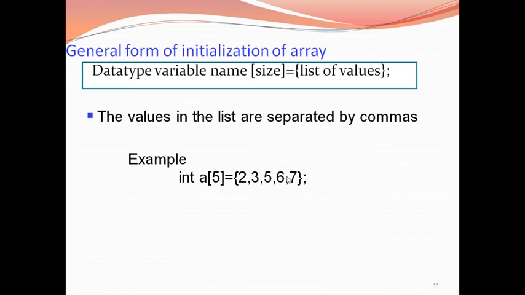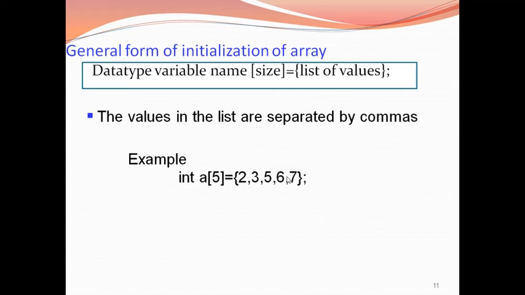Example, int a of 5. If you declare an integer array a of size 5, it is capable of storing 5 integer elements. These 5 elements are initialized by using the assignment operator, and these elements are written in between the curly braces: 2, 3, 5, 6, 7.